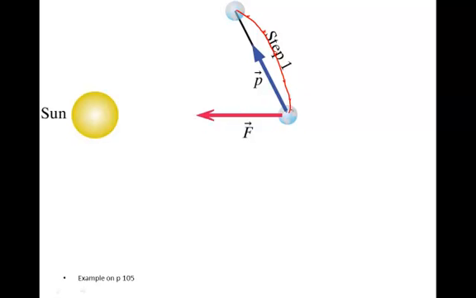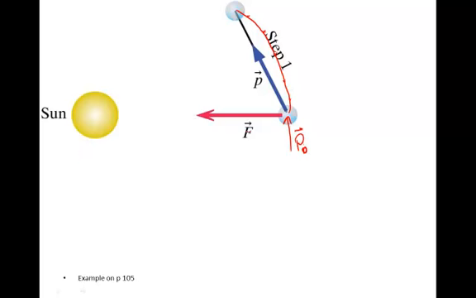So the first step is, we'll assume that this guy comes in with some P initial, and let me actually call it P0. We're doing multiple steps here. It comes in with some P0, and again, we know that this object is going to be moving along a path, but we're just going to say, if this force were to act right at this instant, what would happen to the momentum?